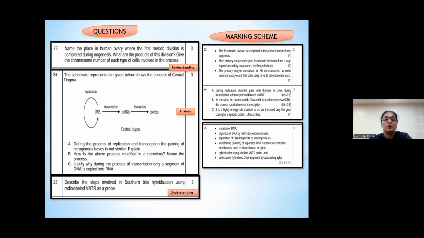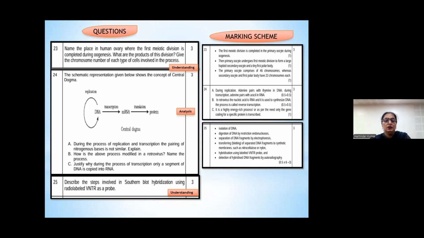The child knows about the meiotic division because in the gametes, in the males and the females, they have to be reduced to half the chromosomes so that when the copy comes from both the parents during sexual reproduction, the original zygote formed will have the same ploidy, that is the same number of chromosomes as the organism originally has. So this is a very simple question of understanding.